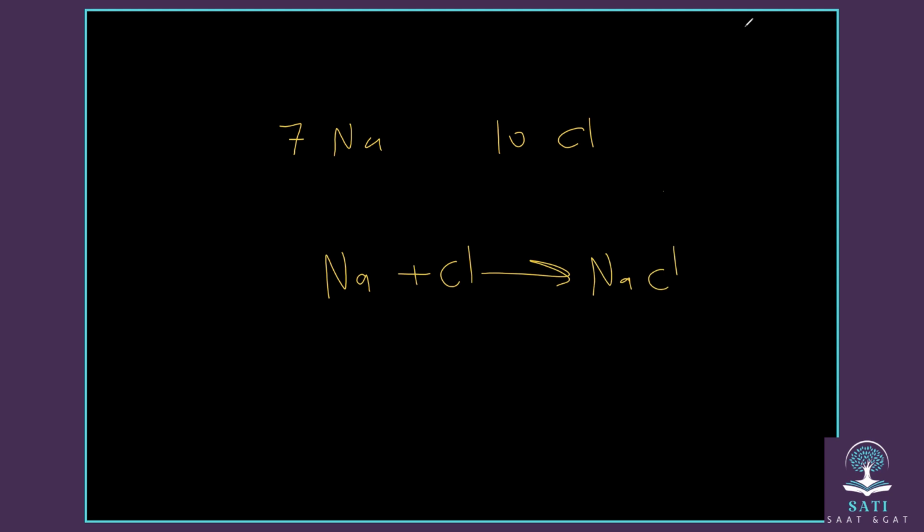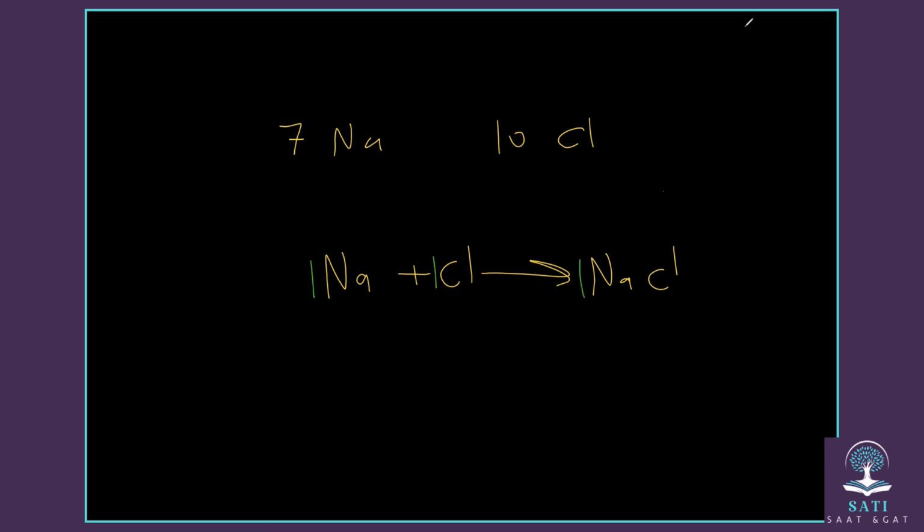For example, if I have 7 moles of Na and 10 moles of chlorine, and I want to make a reaction with sodium and chlorine, as we know it will give us what? NaCl. That means 1 mole of sodium with 1 mole of chlorine.